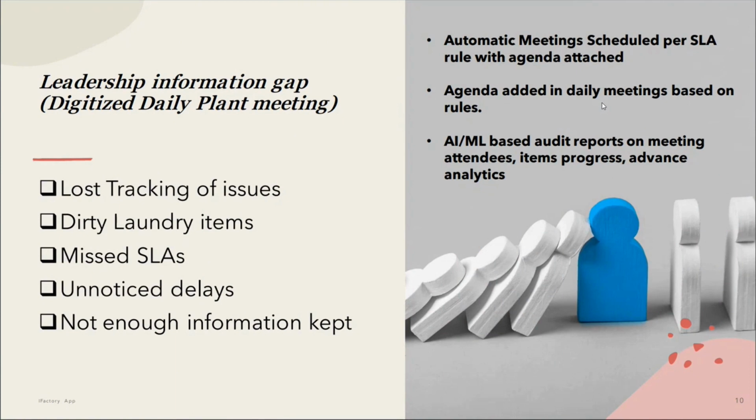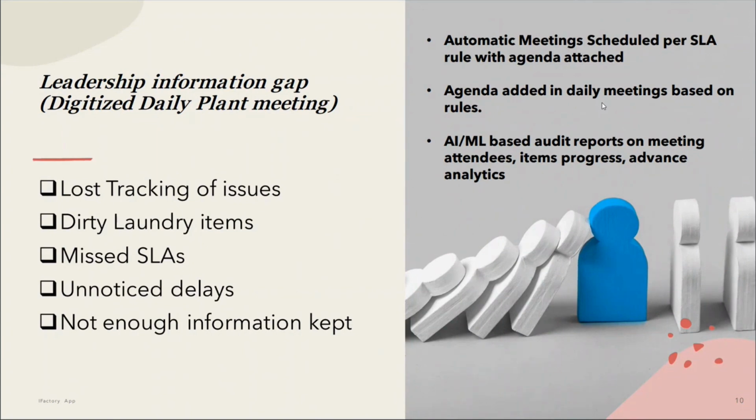But the latest tech is very powerful there. If you digitalize those daily plant meetings, systems automatically keep track of open items, discussed issues, the responsibilities, even the transfer from one department to another. And it automatically moves the dirty laundry items to higher management.